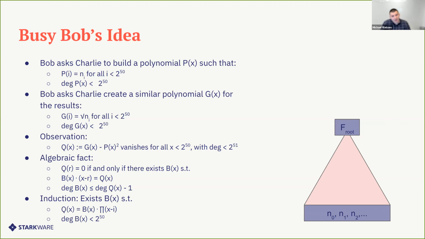And inductively, we can show that q would be a valid polynomial if a requirement is that q is a product of some polynomial b of low degree, of degree at most 2 to the 50, and the simple polynomial that vanishes over all the values from 0 to 2 to the 50. Any questions about these slides, about the math here? Anything?